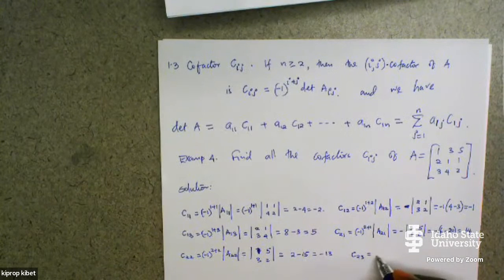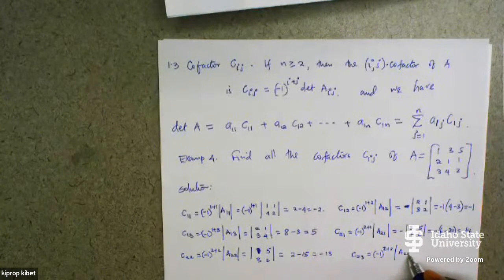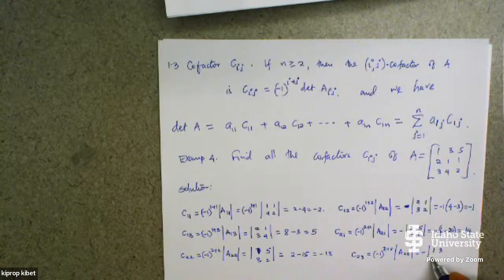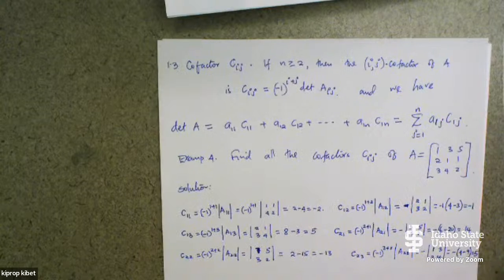C23 equals (-1)^(2+3) times the determinant of A23, which is negative, the determinant of 1, 3; 3, 4, which is equal to 4 minus 9, which is -5, so C23 is 5.